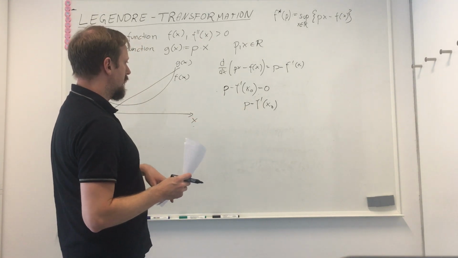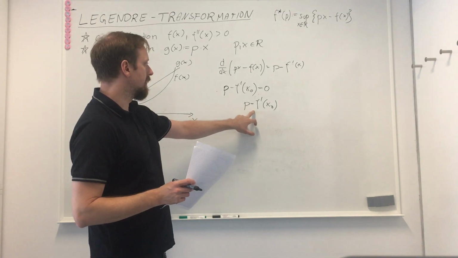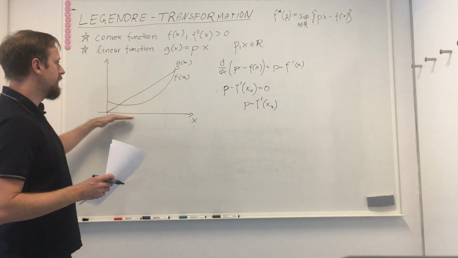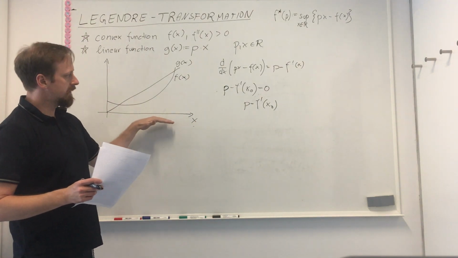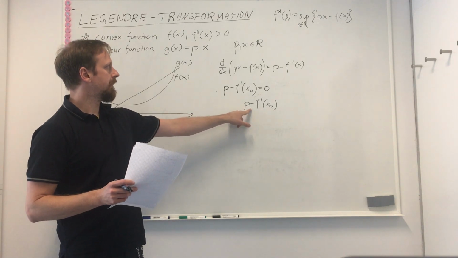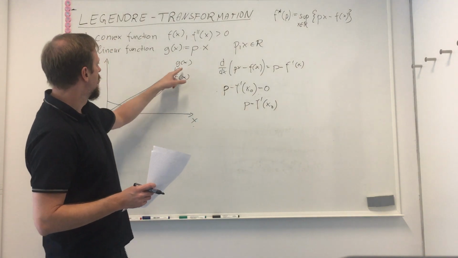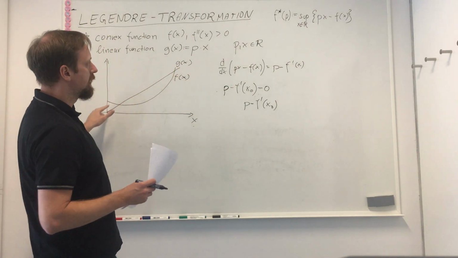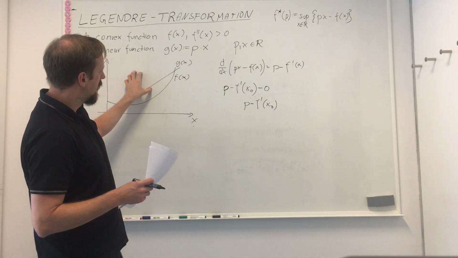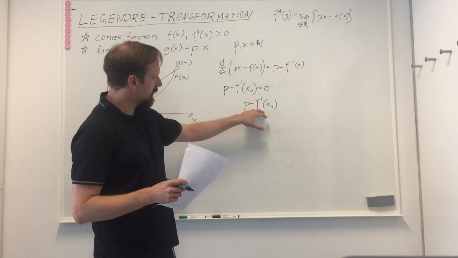With this expression we already know where x naught has to be on the x-axis, because originally we have defined the slope. The slope is defined with the function g of x, and for a particular slope or value of p, we can obtain x naught.